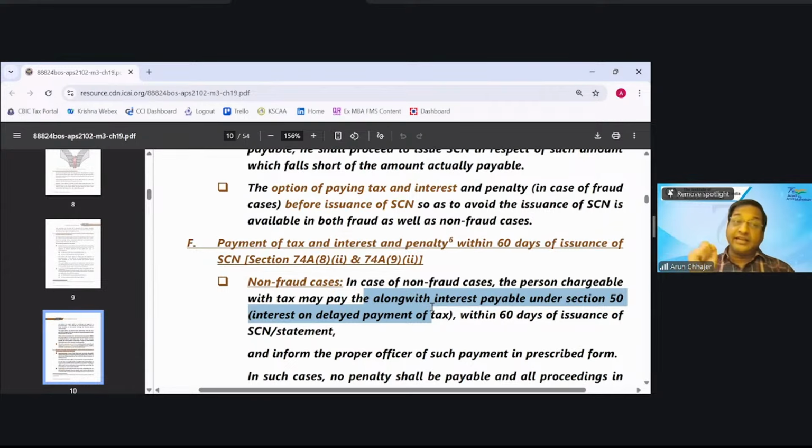Earlier it was 30 days. Point number one: even in the non-fraud case, if the taxpayer pays the amount along with interest even after SCN within 60 days, then also no penalty. मतलब क्या हुआ? नॉन फ्रॉड के केस में बिफोर SCN no penalty, after SCN within 60 days no penalty.